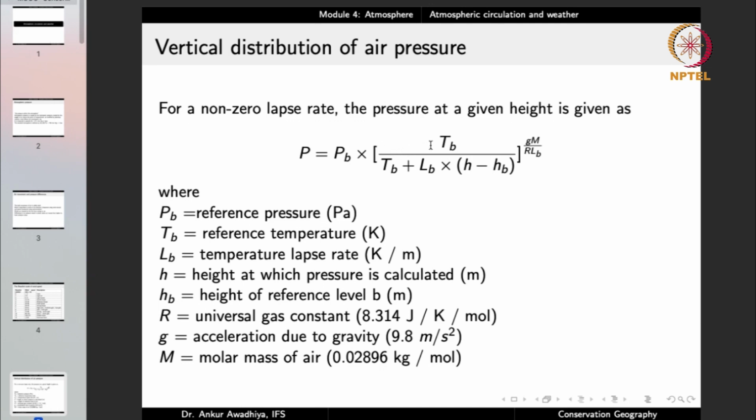So, when TB divided by TB plus something becomes less than 1, P is less than PB, which tells us that as we move up, the pressure reduces, which is what we had also intuitively understood by looking at the weight of air lying in the column above that particular point. So, this formula tells the same thing.